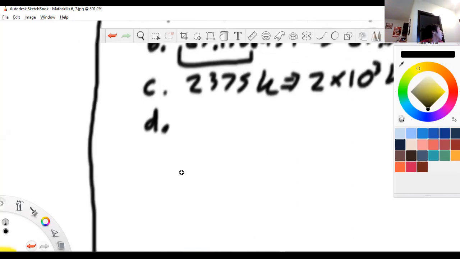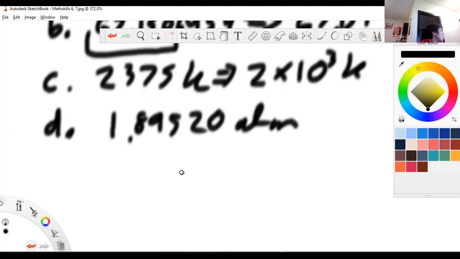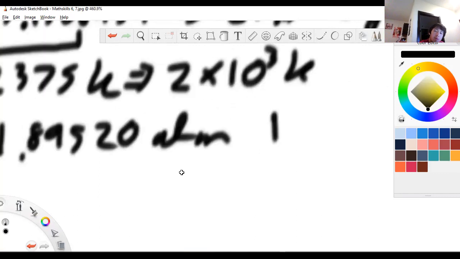The 1.89520 atmospheres to 3 sig figs. 1.90 after rounding up.